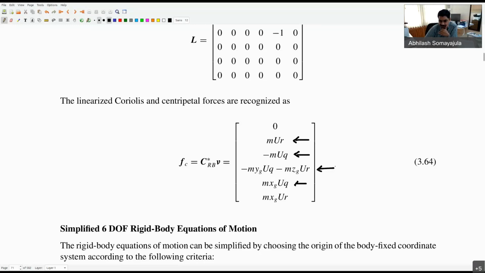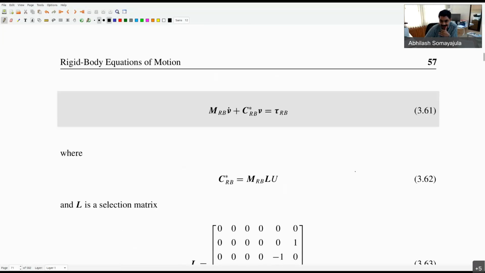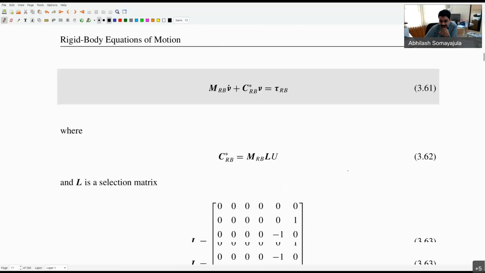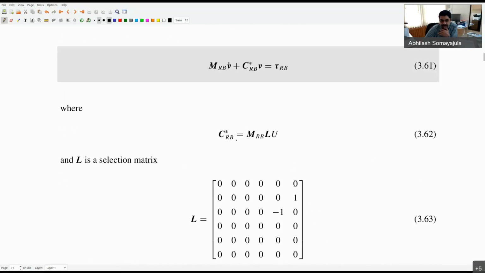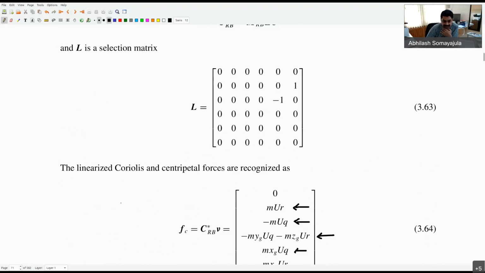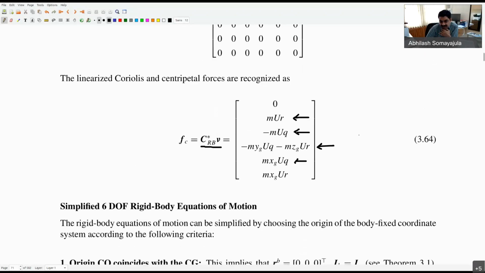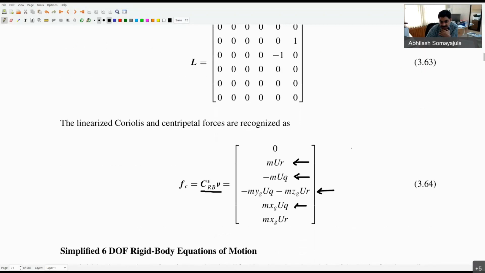It's not very difficult to observe that. So in a linearized sense, I can write down this force vector which I have got as some CRB times V, where V is UVW, PQR. So if I want to find out what my CRB star matrix will be from here, can you tell me what it will be?